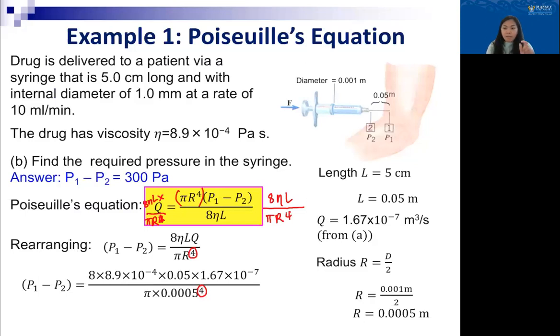That's a clue. If we give you the viscosity eta, then we want you to use Poiseuille's equation. Or if we give you the length of the pipe, that's also a key clue. Note that the viscosity and the length L are not in Bernoulli's equation.